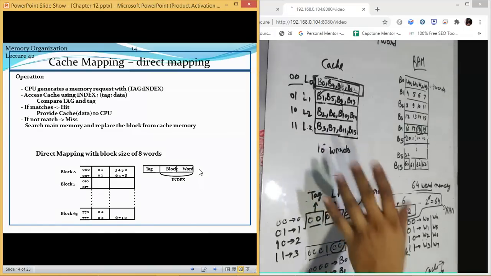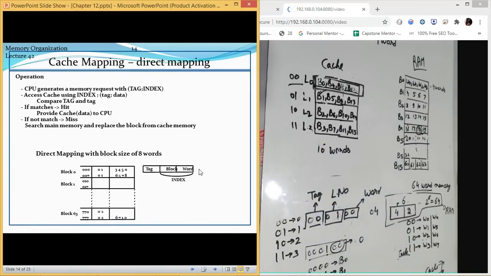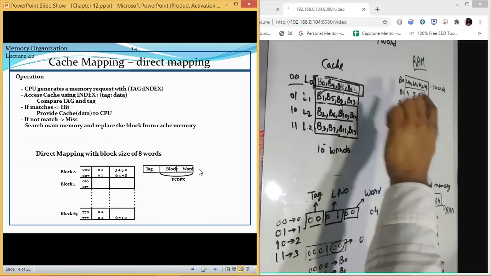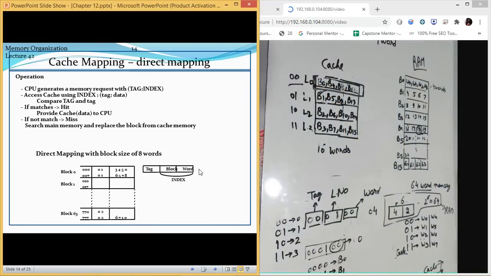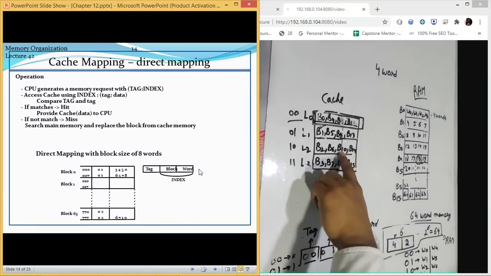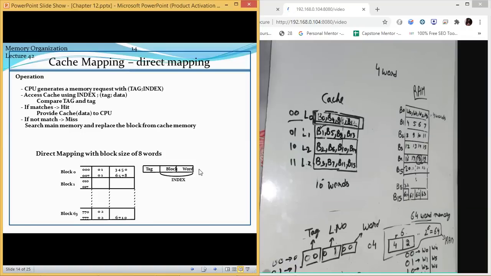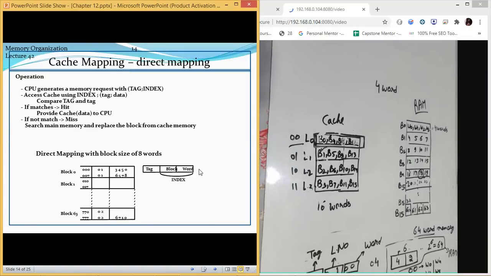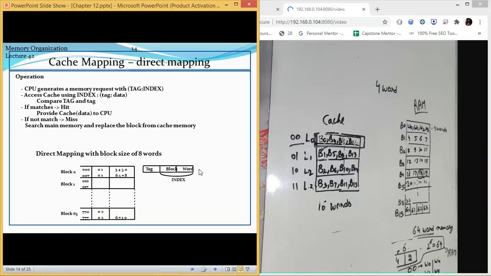Now, this will also be helpful when we are bringing a value from RAM to cache. Why? If we are not able to find the data inside our cache, that will be known as a cache miss. So we have talked about this concept. What is a cache hit and what is a cache miss?